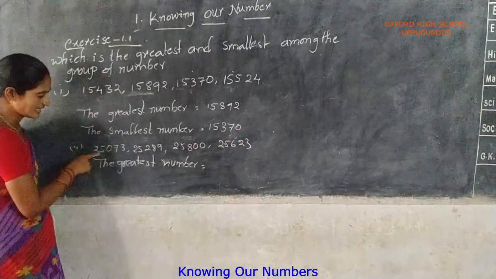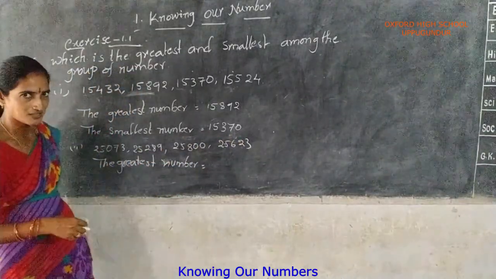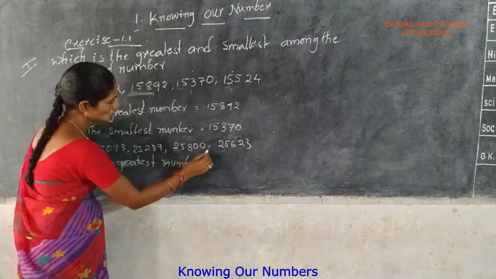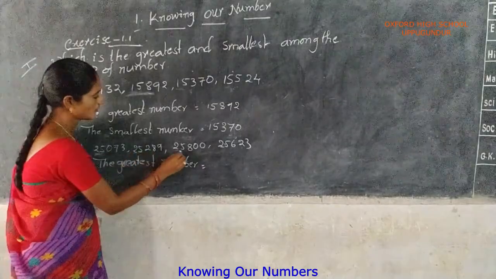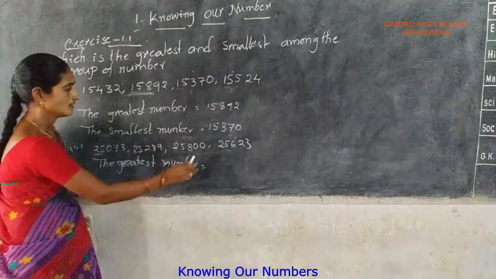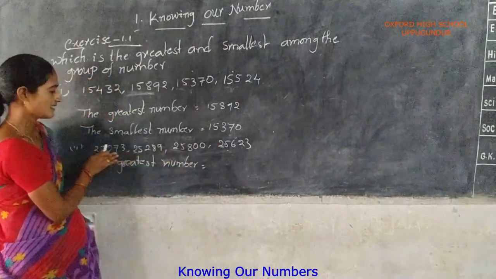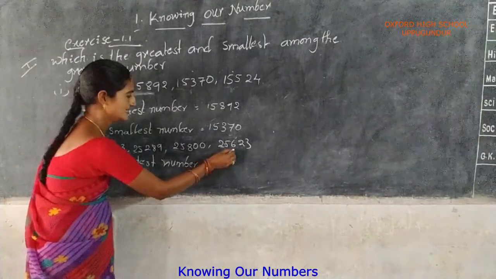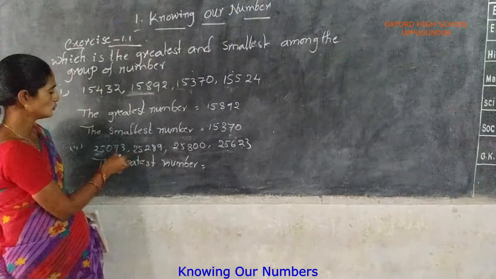The digits are the same, but we compare with the place values. The 10,000s place is 2, 2, 2. The thousands place is 5, 5, 5. The thousands and 10,000s places are the same, so we compare the hundreds place: 6, 8, 2, 0.